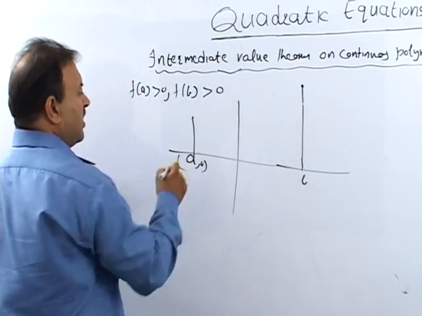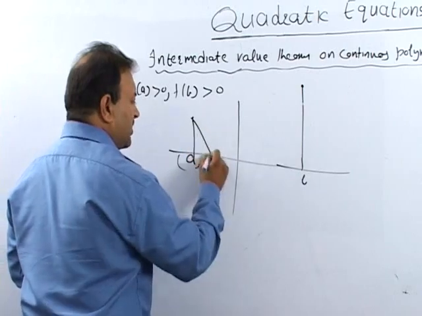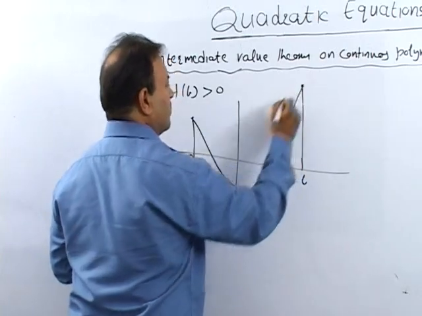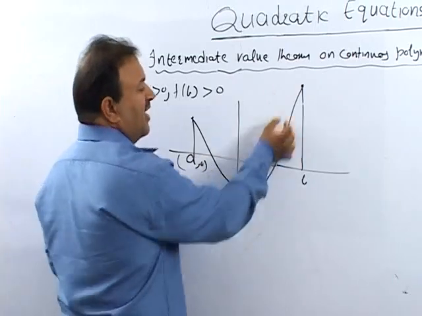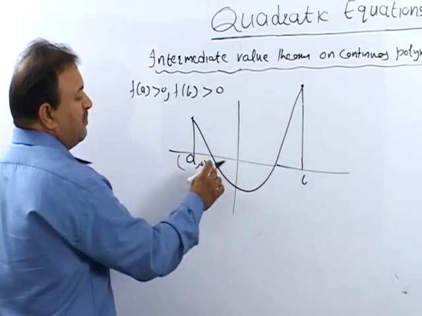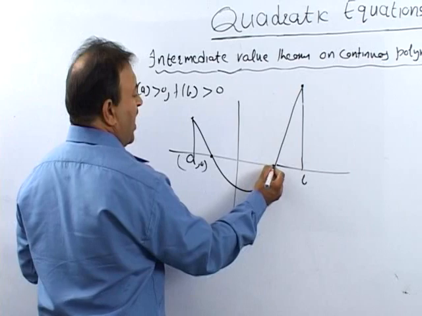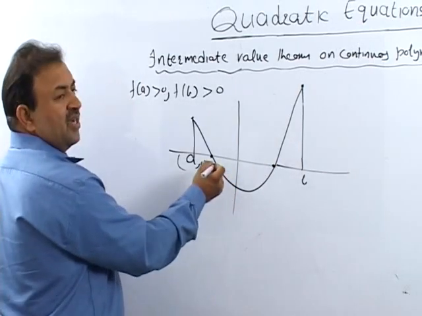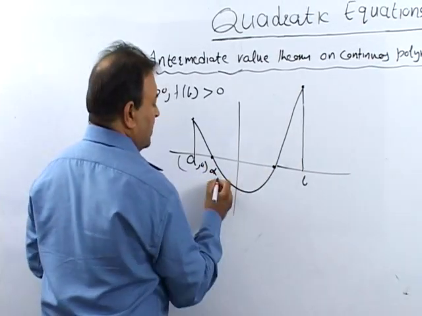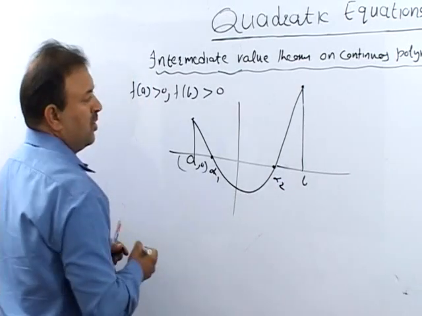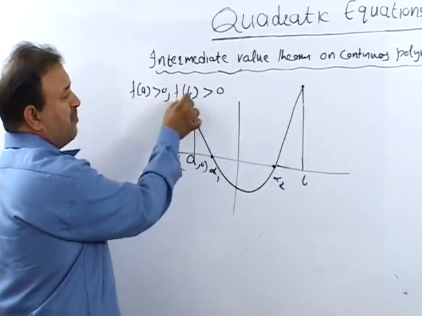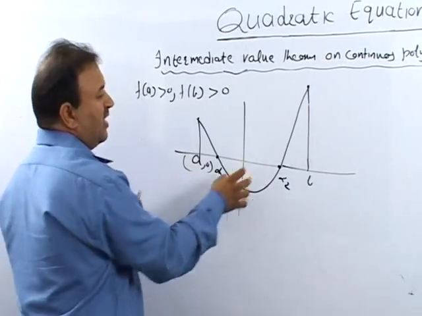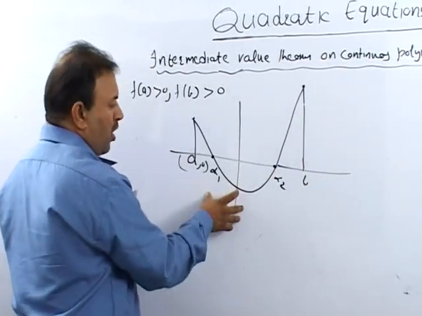The curve may go like this way, below the x-axis and then come up. Coming up means it meets the x-axis at 2 points, so it has 2 roots, alpha 1 and alpha 2. So if the product of the 2 quantities f(a), f(b) is positive, then it has either 0 roots or 2 roots.